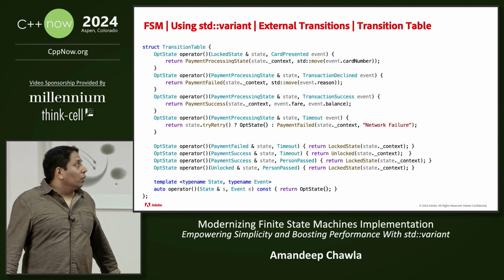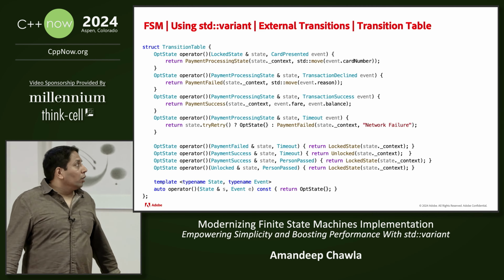We have the call operator, which takes a state and the event and tells me what to do. The only change required, if you notice, is when the state is payment processing and we have a timeout event. There I need to delegate one functionality to the state, which is please retry. That function name might not be exact, it is just retry.